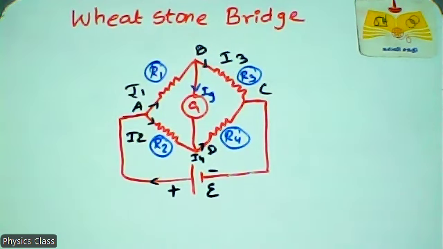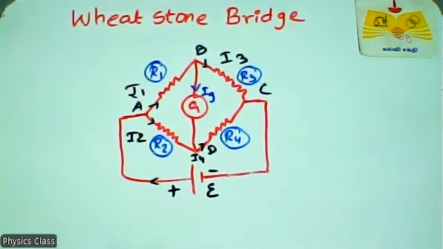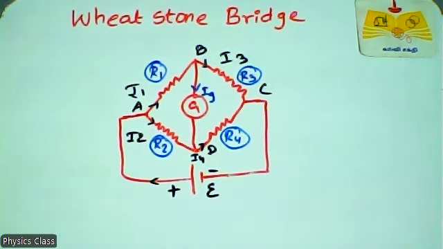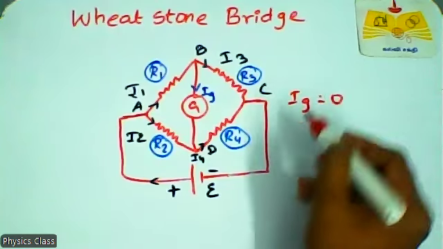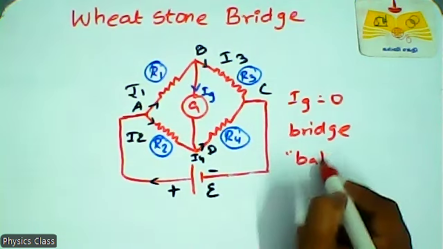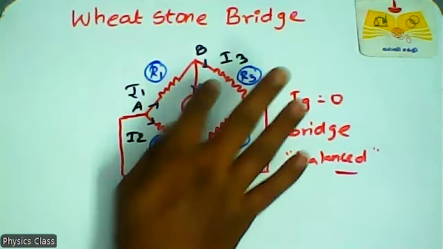A galvanometer is a device used to detect the current in the circuit. If the resistors are adjusted such that the galvanometer current Ig is equal to 0, then the bridge is said to be balanced. We can adjust the resistors to make Ig equal to 0.